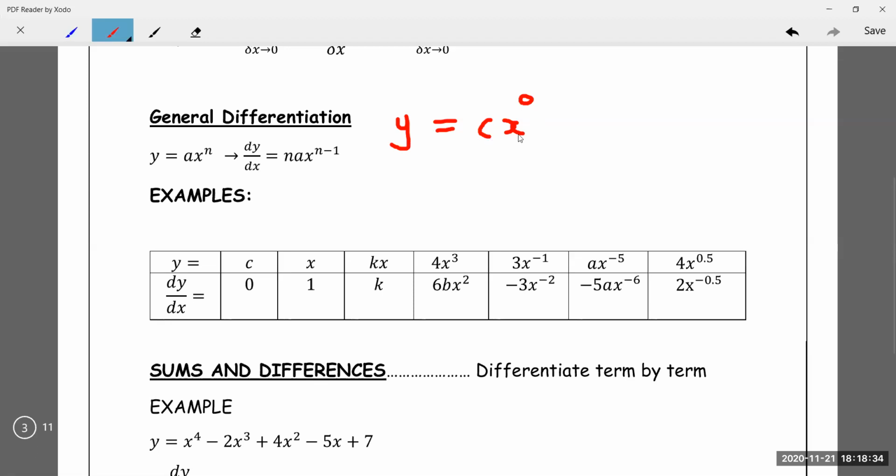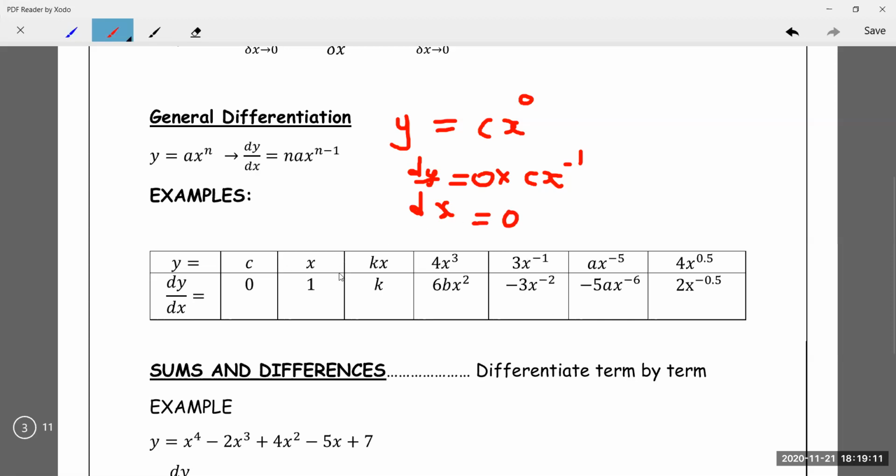So y equals cx to the 0 is still y equals c. If you differentiate it, dy by dx is equal to, you bring down the power 0. That's why the differential of a constant is 0. When you carry down the power, you get 0 times cx, and you subtract 1 from the power to get minus 1. But 0 times anything is 0. And so when you differentiate a constant, you get 0.